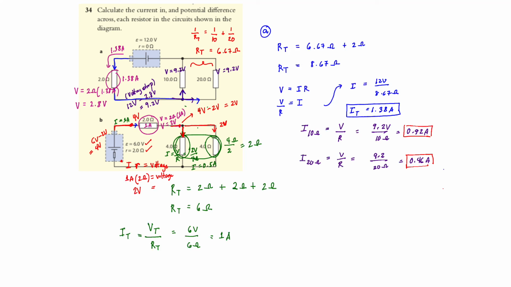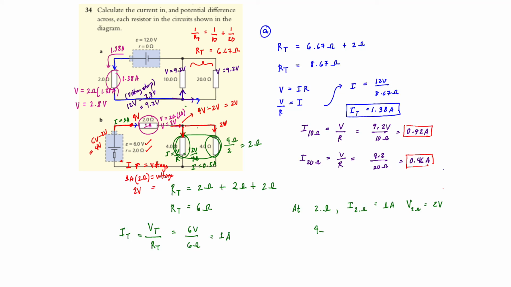So let me just show now the final answer. At the 2 ohm battery resistance, the current is equal to 1 ampere, and the voltage is equal to 2 volts.